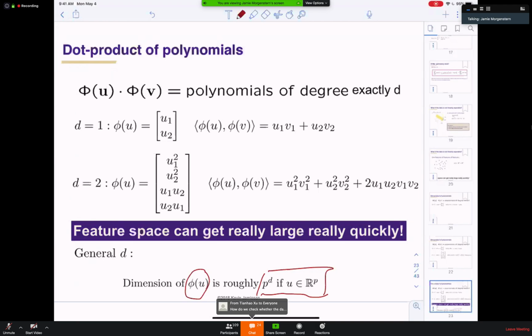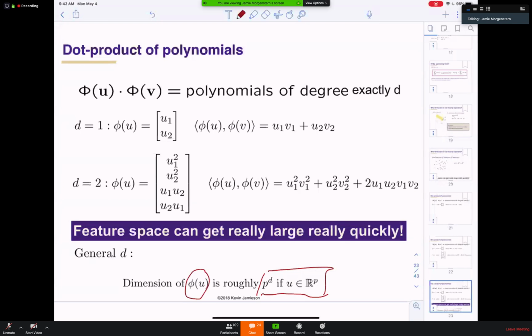If we start in P dimensions and think about degree D polynomial representations of our initial feature space, P to the D gets huge super fast as D grows.